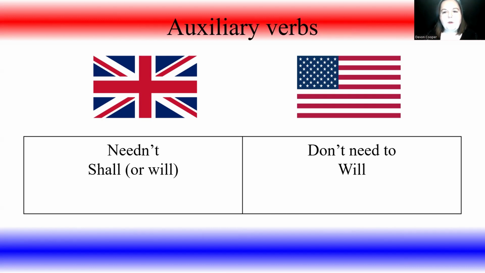Or talking about the future, right? Shall we, you know, shall we go shopping tonight? Whereas in American English, we tend not to use shall at all. But again, from my understanding, these two forms in British English are starting to kind of lean toward the more American systems.